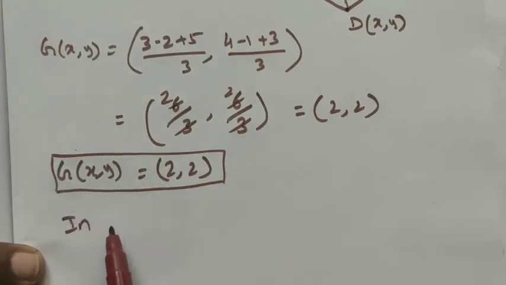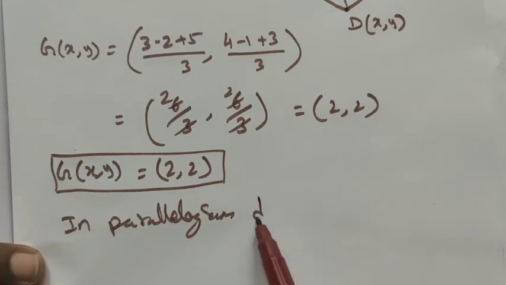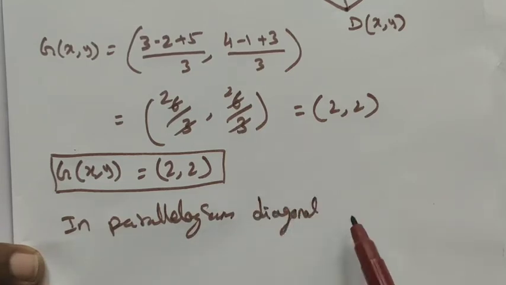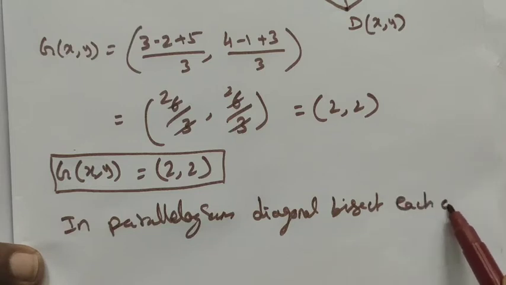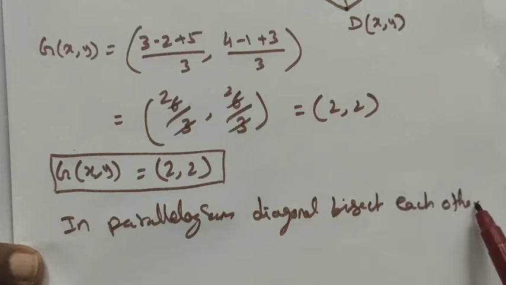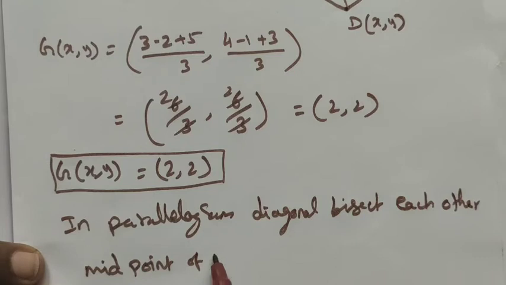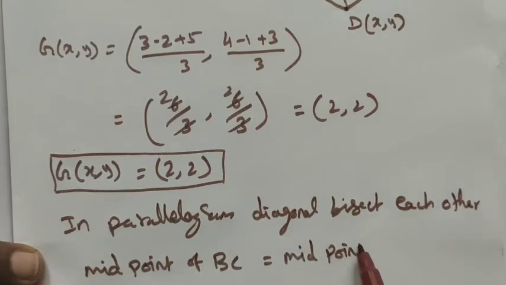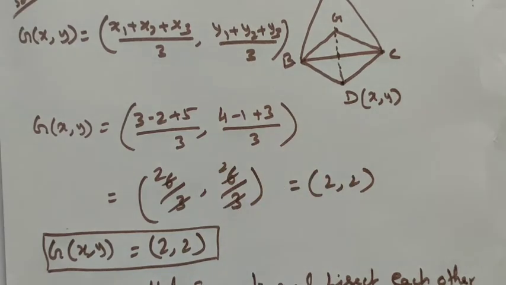In a parallelogram, the diagonals bisect each other, so the midpoint of BC is equal to the midpoint of DG.